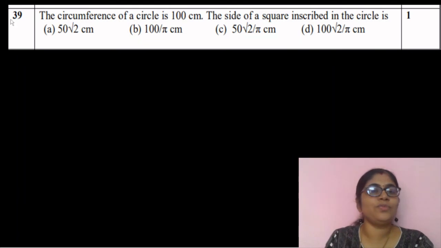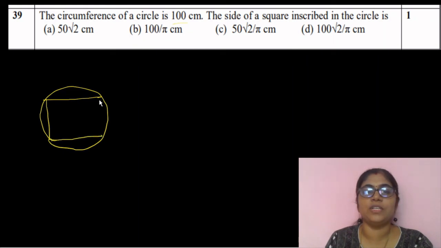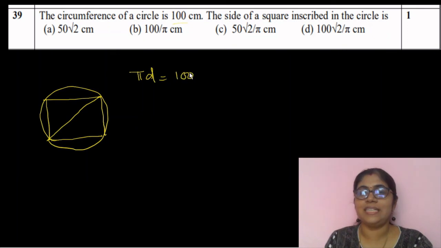Now let's move to question number 39. The circumference of a circle is given. The side of a square inscribed in the circle is, so if this is the circle and the square is inscribed in this, that means the diagonal of the square equals the diameter of the circle. So pi d equals 100 centimeter.